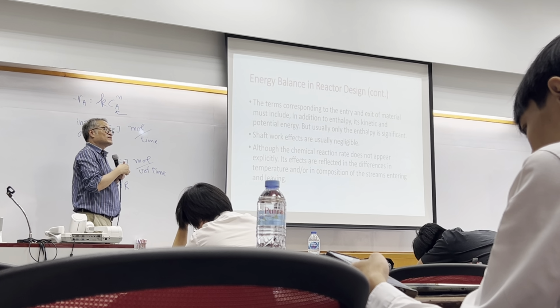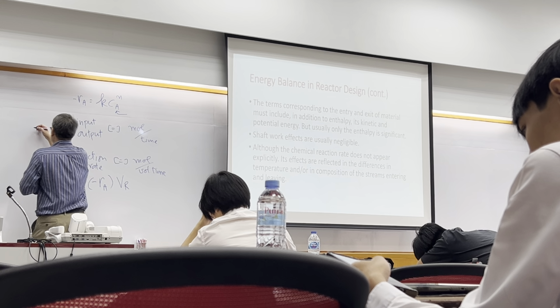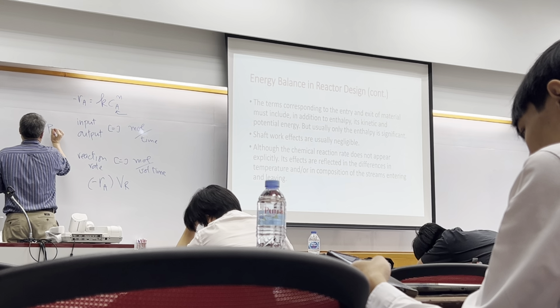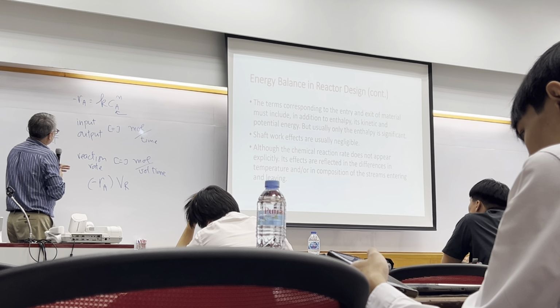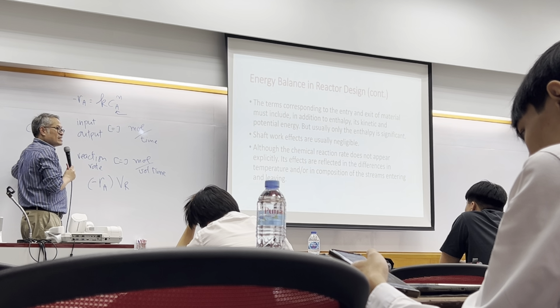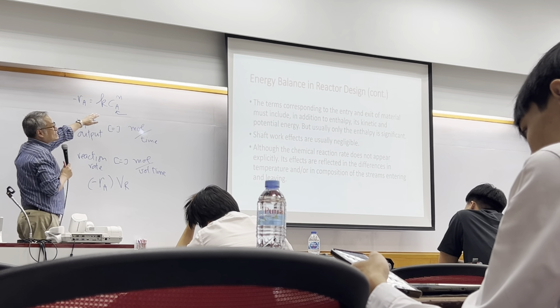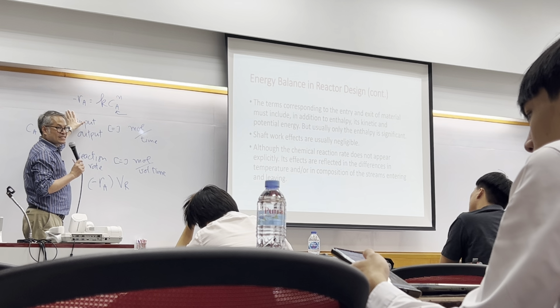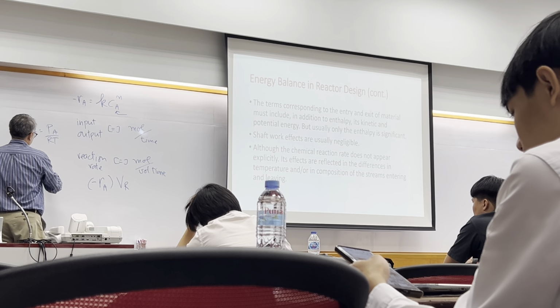Because especially in gas phase, the concentration is PA over RT, the partial pressure divided by RT, right? So if the temperature changes, concentration can change, right? If concentration changes, reaction rate also changes, right? And K, the Arrhenius relation, right?